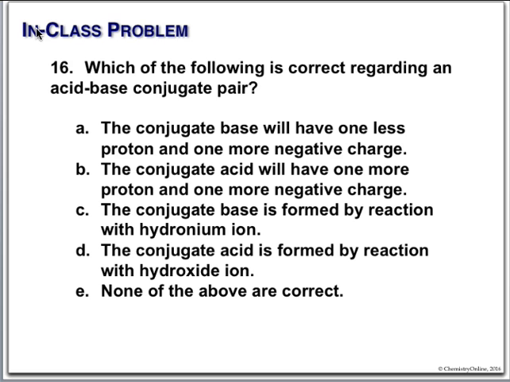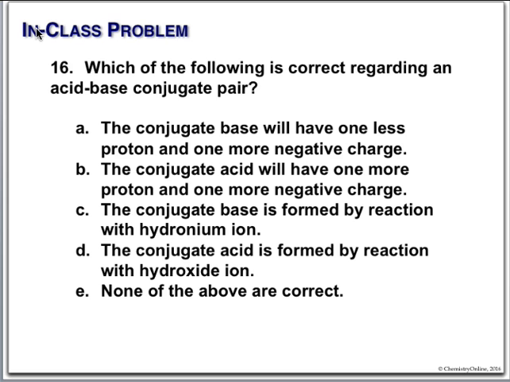Remember, when you transfer a proton, the proton's positive, isn't it? So this compound, whatever it is, is losing a positive charge. That typically makes it negative. So this one looks good. We lost the proton, gained a negative charge.